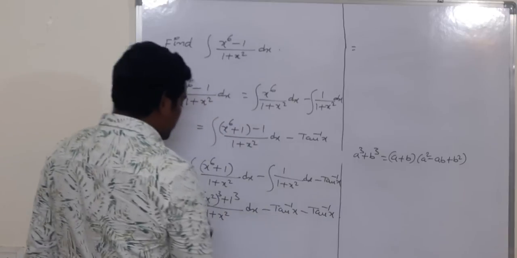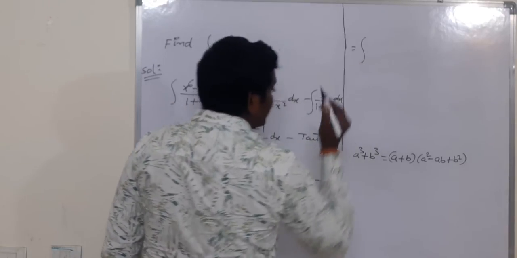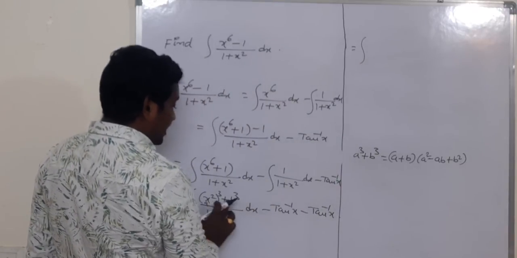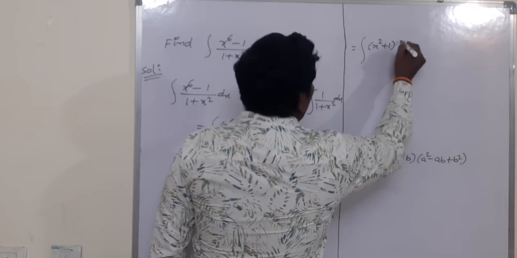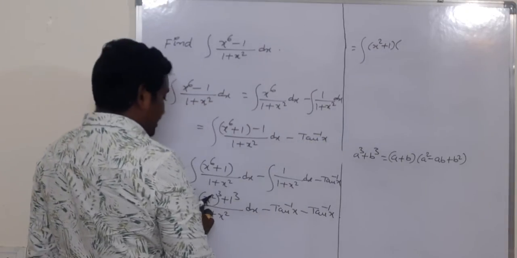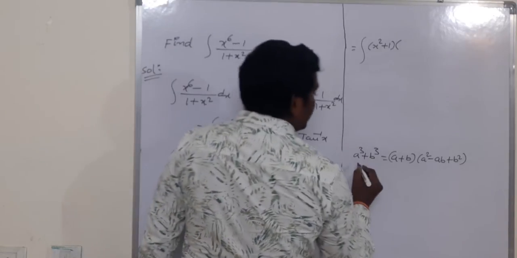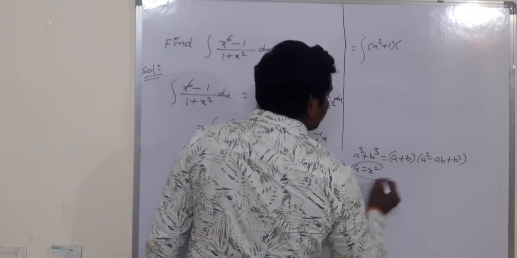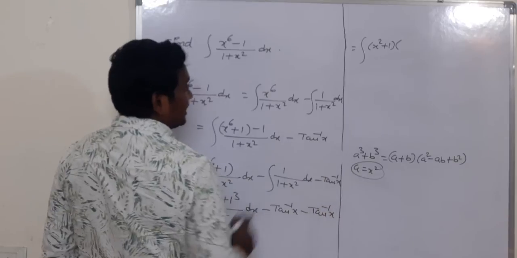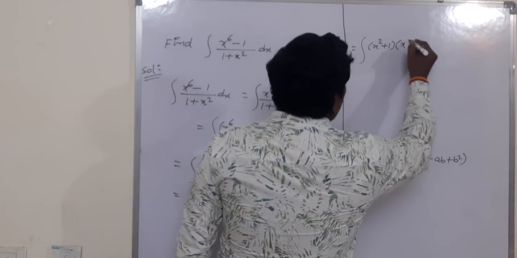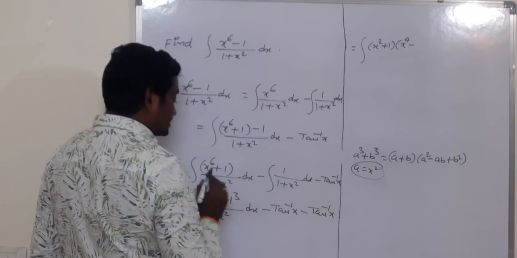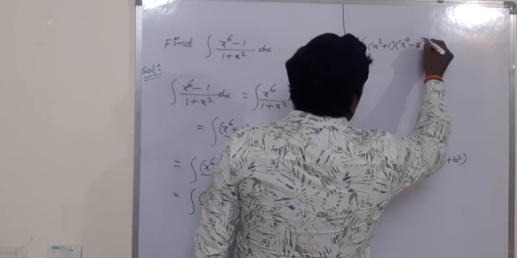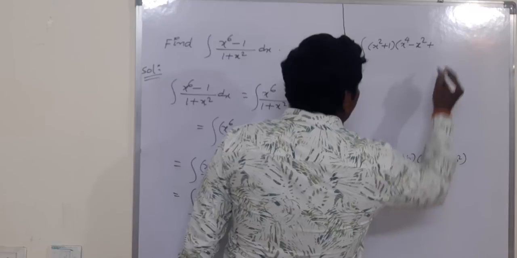So the first term can be written as integration of (x square plus 1) into (a square, that is x square whole square. Here a is equal to x square.) So you will get x power 4 minus a into b, that is 1 into x square, plus b square.